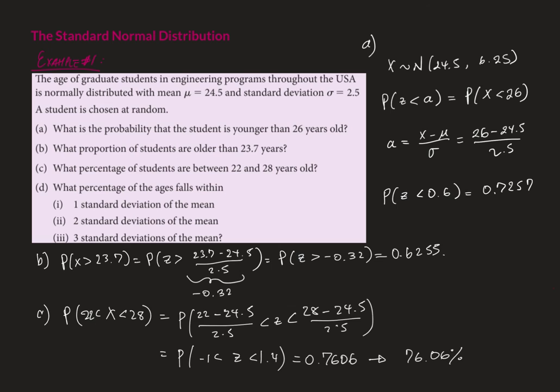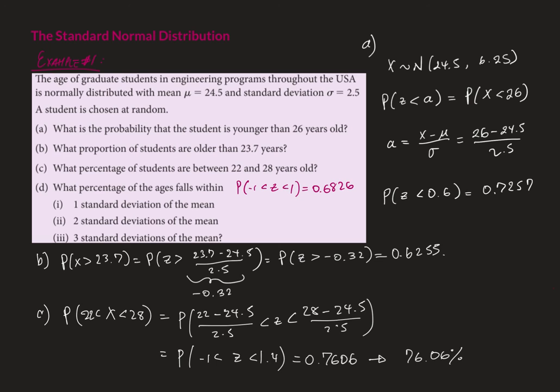76.06%. Now for D, what percentage of the ages fall within 1 standard deviation of the mean, 2 standard deviations of the mean, and 3 standard deviations of the mean? We already know those answers. Between 1 standard deviation of the mean, the probability is going to be about 68%. So the probability that Z is between -1 and 1 is 0.6826.